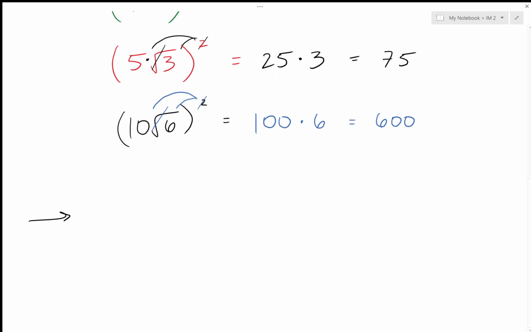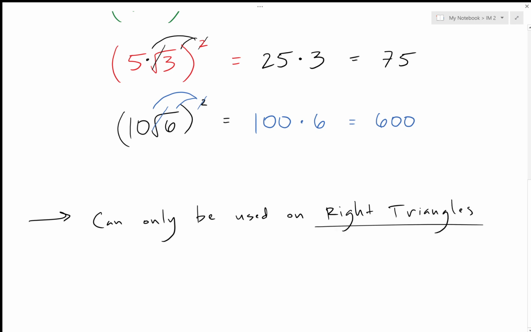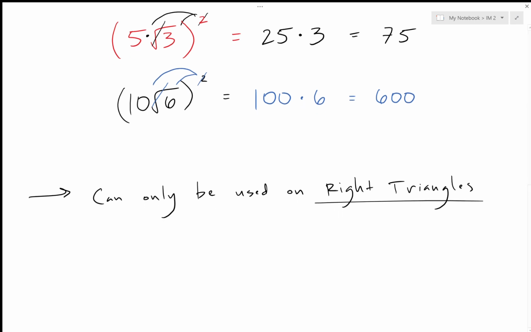Pythagorean Theorem can only be used on right triangles. Okay, it can only be used on right triangles. And that means these are triangles that have a 90-degree angle on them.